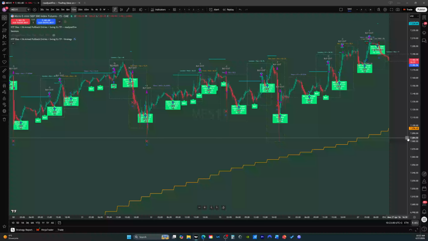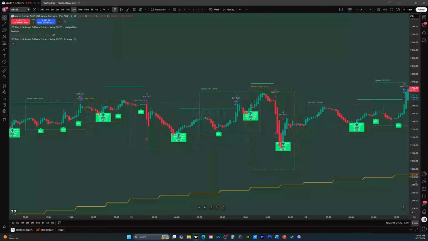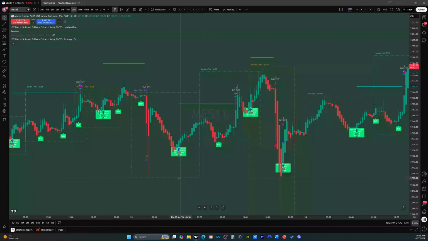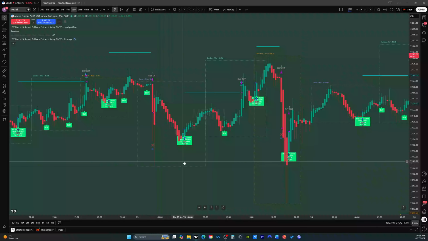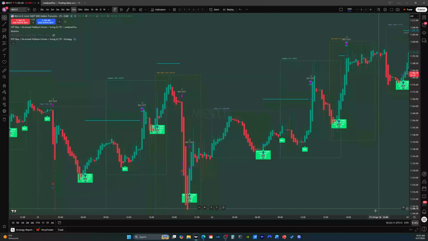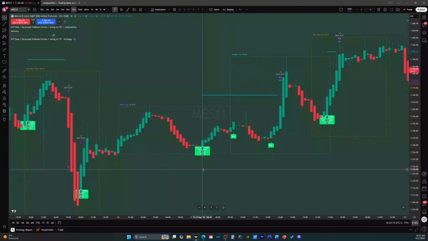So the strategy before, let me look at a more clear example. Over here, you would have missed these entries. Why? Because with the prior setup, in order for this to happen, this candle right here should have been over here, right after the red one.